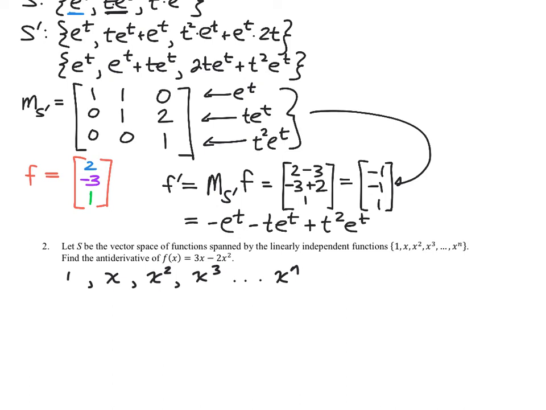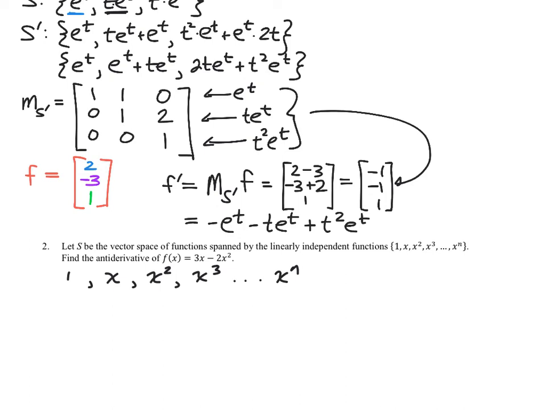Now, you might consider, well, why don't I just multiply whatever vector I get for f by the inverse of the matrix that we had on the previous page? It's the opposite order. The problem is that matrix is not invertible, because its determinant is equal to 0. So that won't work, so we need something else.